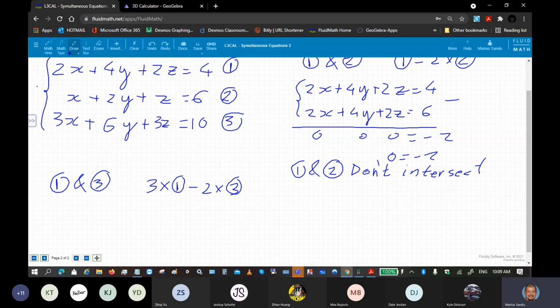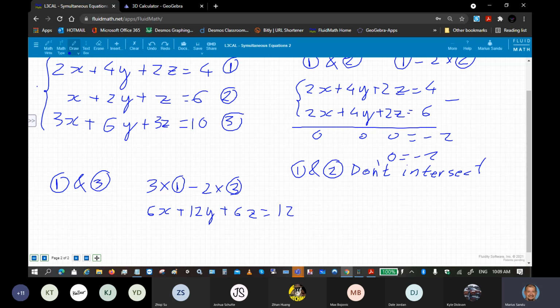Yeah, and now I'll have 6x plus 12y plus 6z is equal to 3 times 4, which is 12.